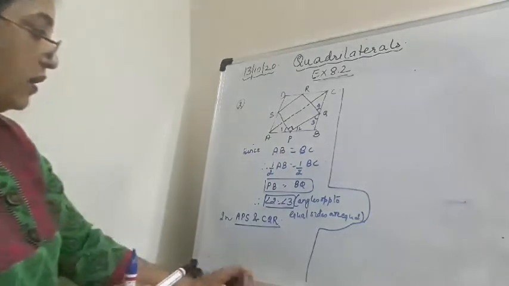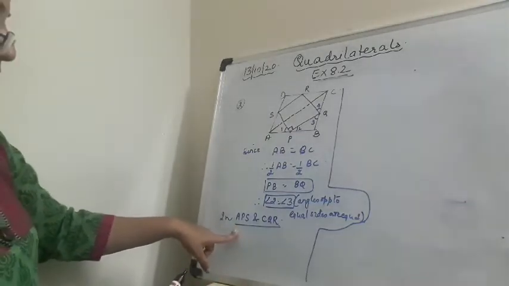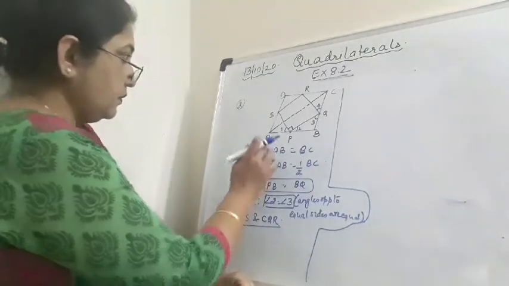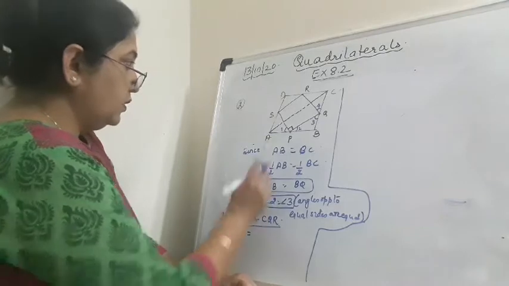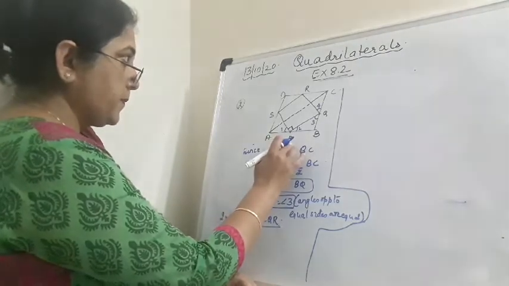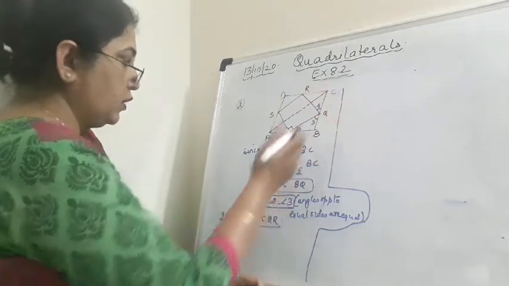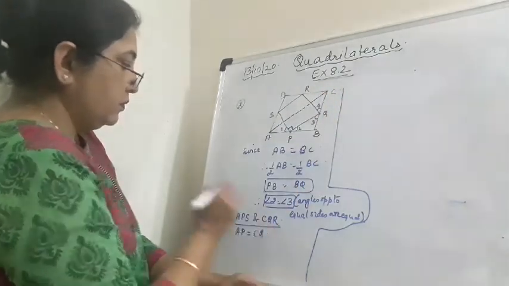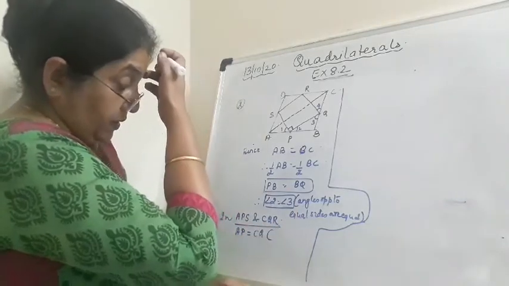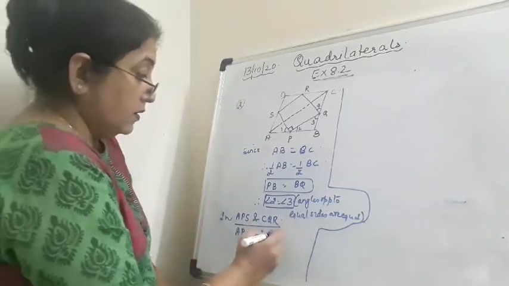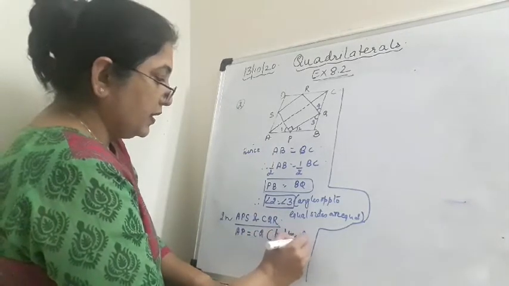Okay, so what we'll write now, in triangle APS and triangle CQR, AP is equal to CQ, halves of equal sides.